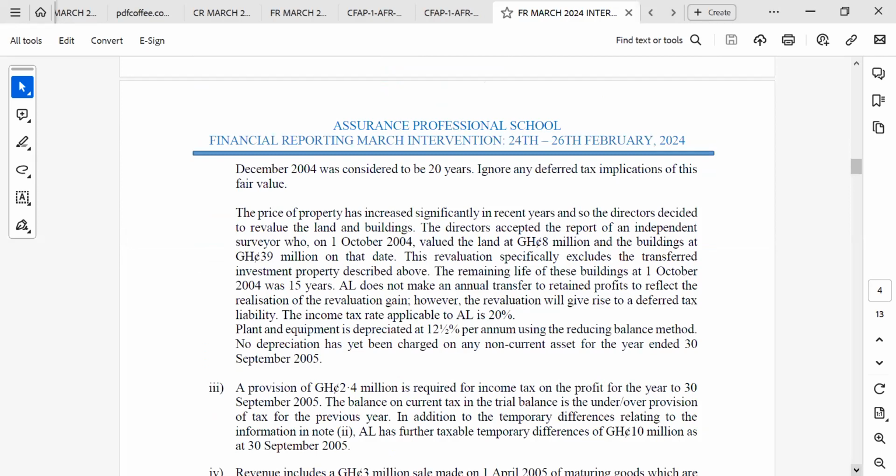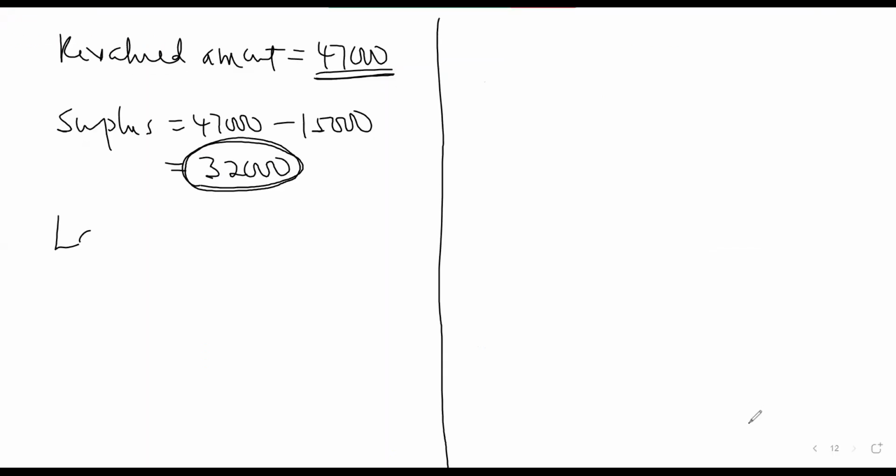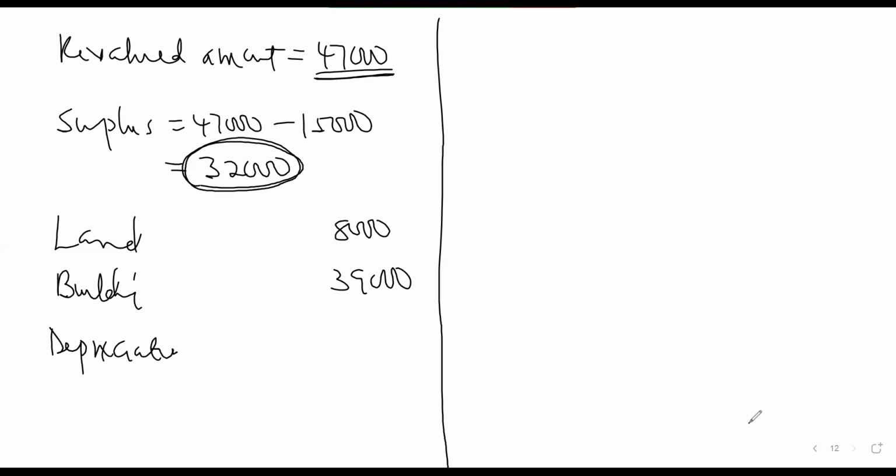From the beginning of the year, our value of the land now will be what? Will be 8,000, isn't it? Yes. Building will now be what? 39,000. So we'll be depreciating the building, isn't it? Yes. Depreciation on building will be 39,000 divided by the remaining useful life.